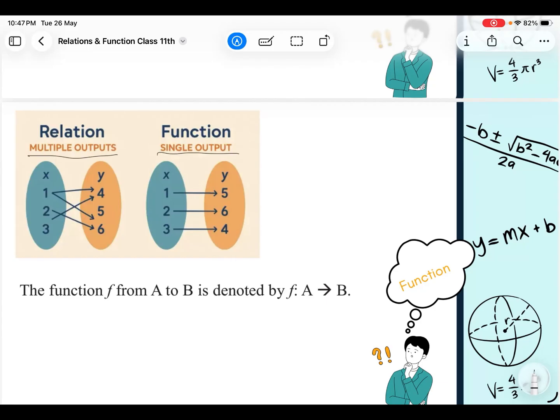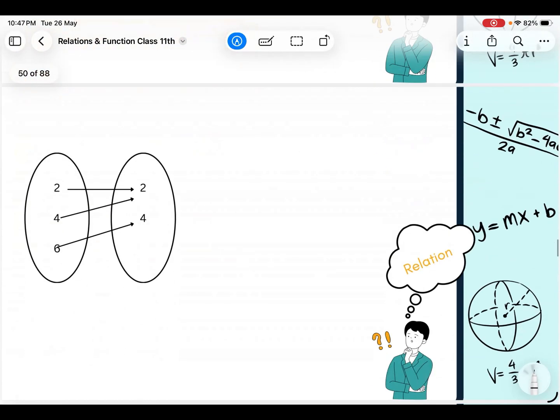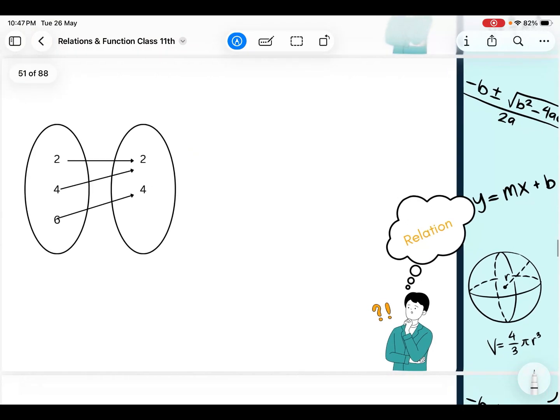We can say that a function f from A to B is denoted by f: A → B. In a function there is an input 1 and an output also 1.